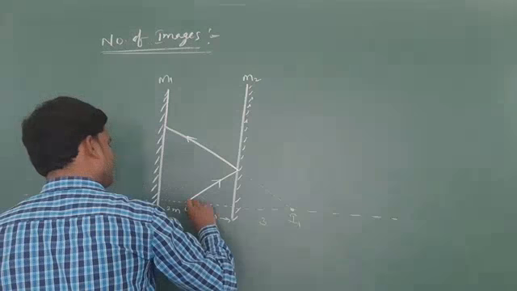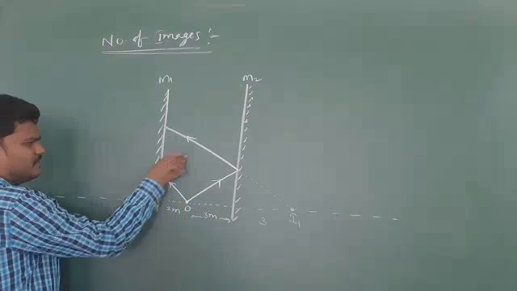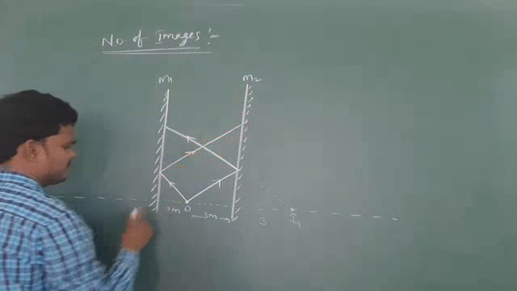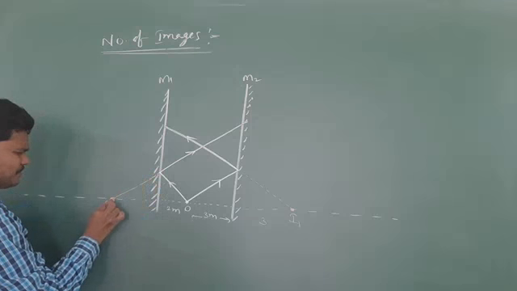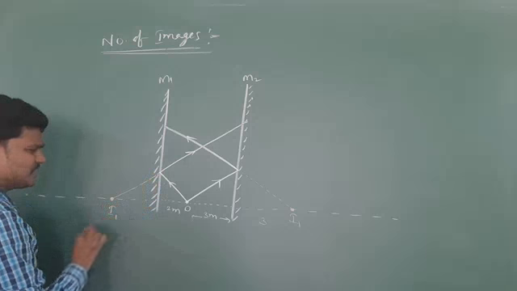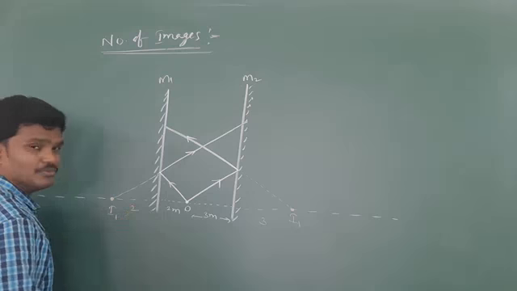Now let me draw one more light ray like this, which will undergo reflection. If I extend this light ray backward, this is also the first image for the first mirror at a distance of 2.